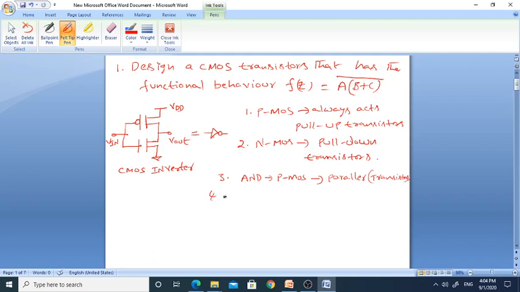If you want to implement an OR function by using PMOS, the transistors are in series.